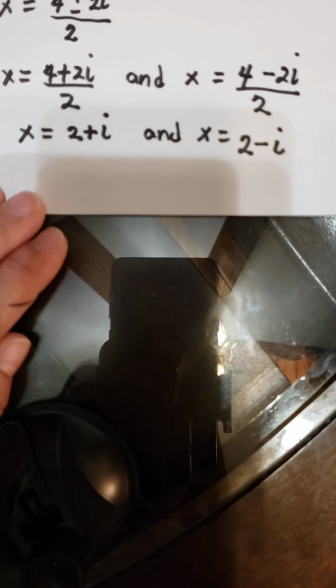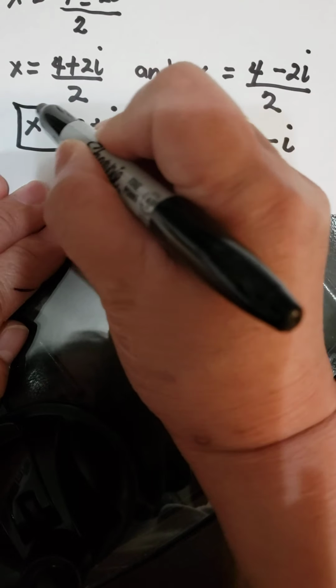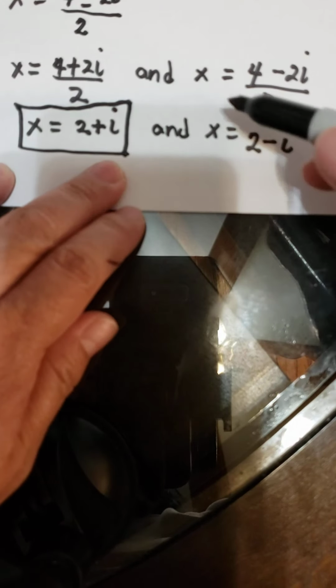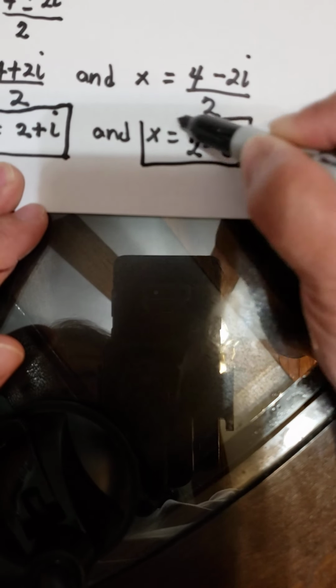All right, here we go. So these are your two complex roots. You got x equals 2 plus i, and the other one is x equals 2 minus i. Good.